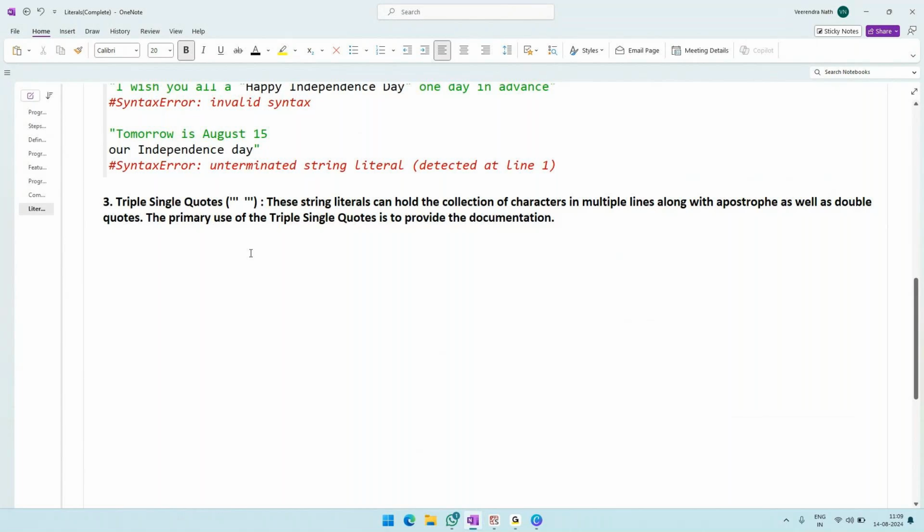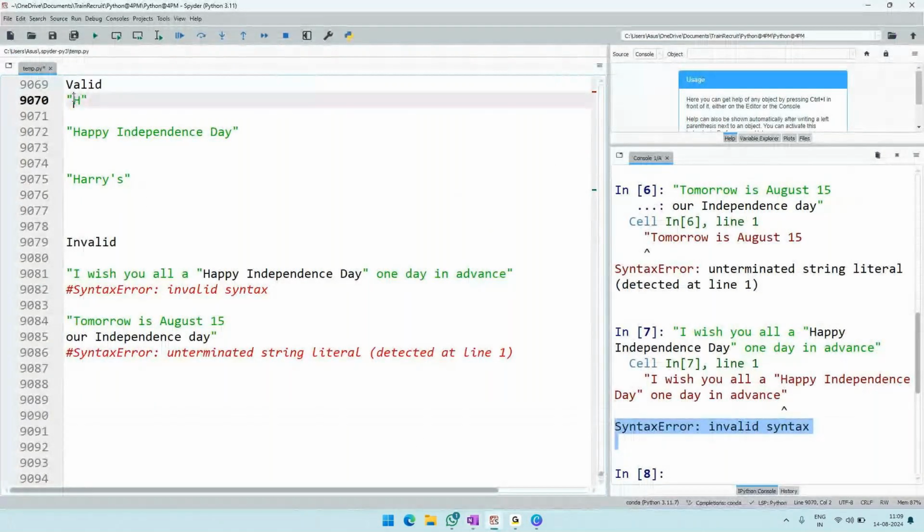Now whenever I'm talking about triple single quotes, how can we put them? Now everything becomes legal.